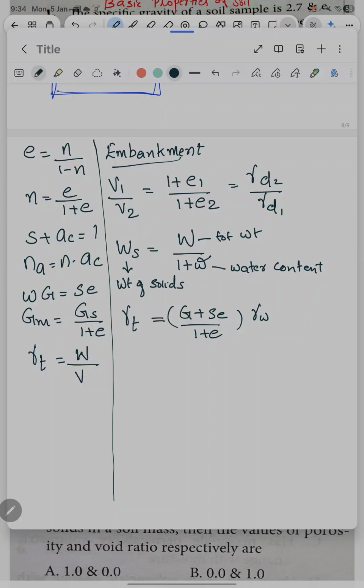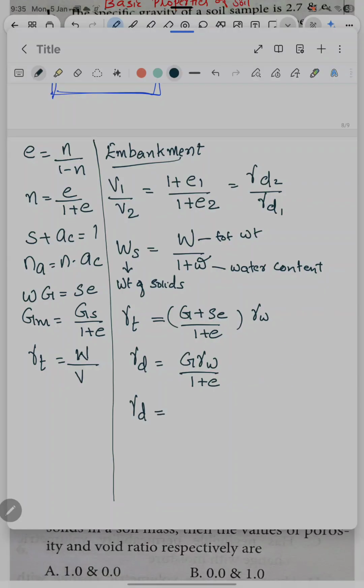If we want to find dry unit weight, in case of dry unit weight there is no water, so degree of saturation is 0. Put S as 0, we get Gγw/(1 + e). From the single equation we get one more equation: γd = Gγw/(1 + e).